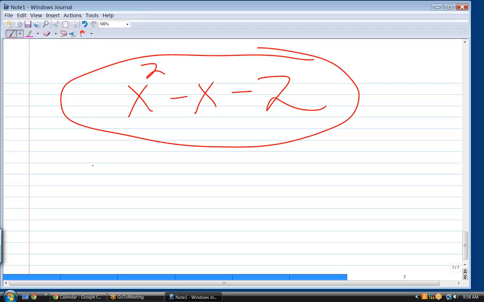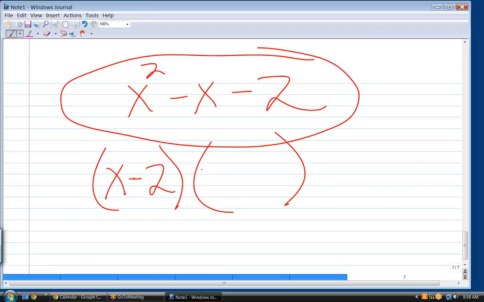So the only thing left to do is to split it up into a linear term here and a linear term there. Now, when I multiply these two linear terms by one another, they give me that quadratic. So it's a similar process in that we're taking something and unmultiplying it.